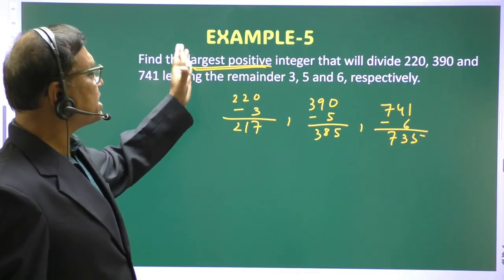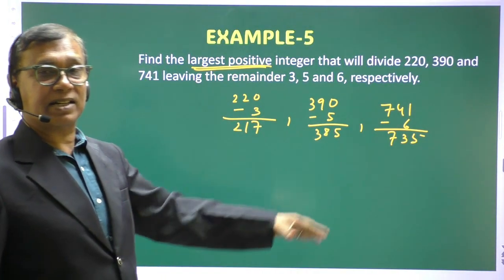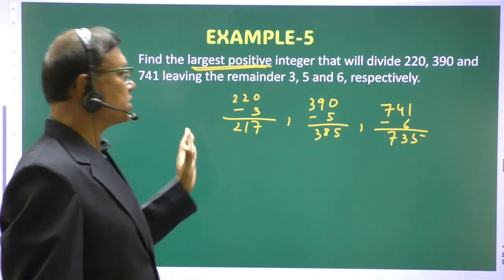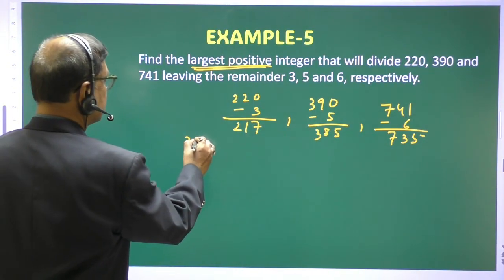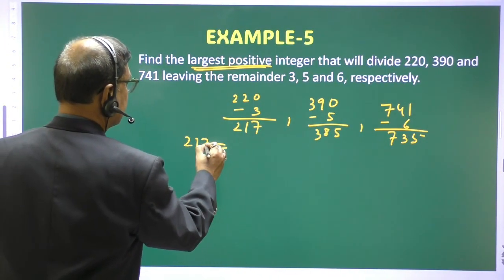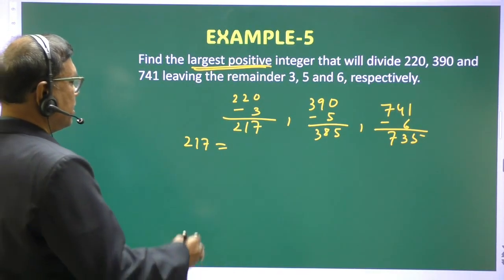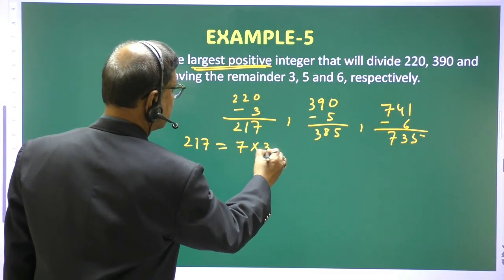Now the greatest number that will divide these three numbers exactly. Yes or no? That means basically you have to find the HCF of these three numbers. And for that we have to express each number as the product of primes. So what is the product of prime factors? 7 into 31. Yes.